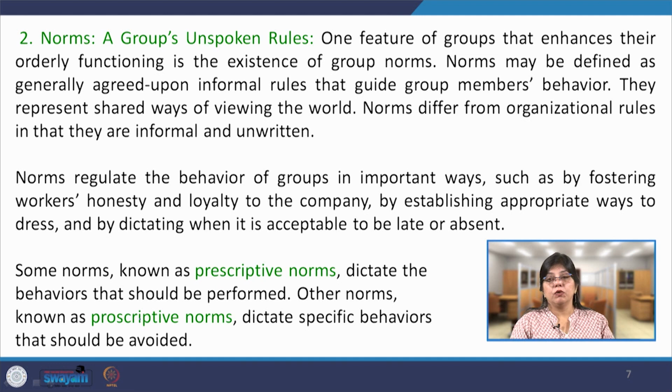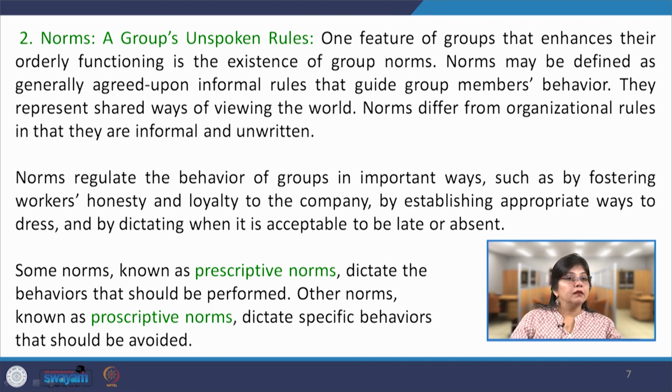These are the unspoken rules which are very much imbibed and accepted by the group members, and these norms in form of behaviors are something which prescribe what should be done, and they can also be proscriptive, describing what is not to be done. For instance, not sharing any secret of one's organization with another organization.